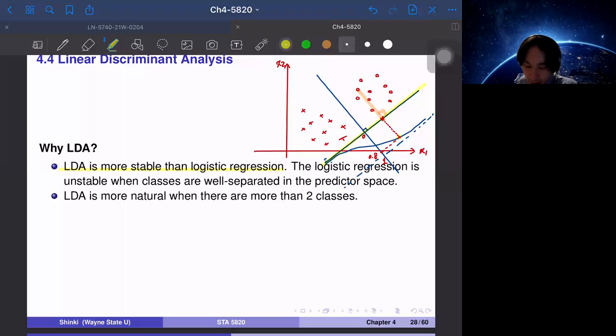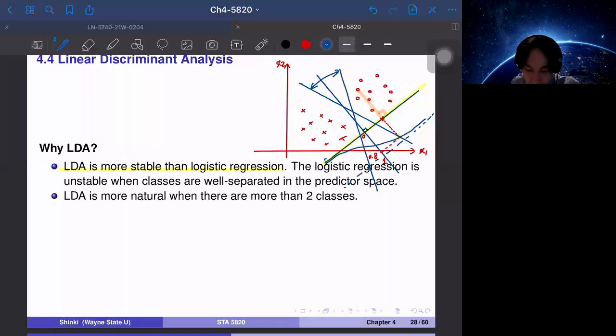This sometimes has a problem when data is too good, because if two groups are separable, another line, maybe this line, also perfectly separates the two classes, or maybe this line also perfectly separates these two groups. So we cannot really determine which direction is the best direction to separate these two groups.